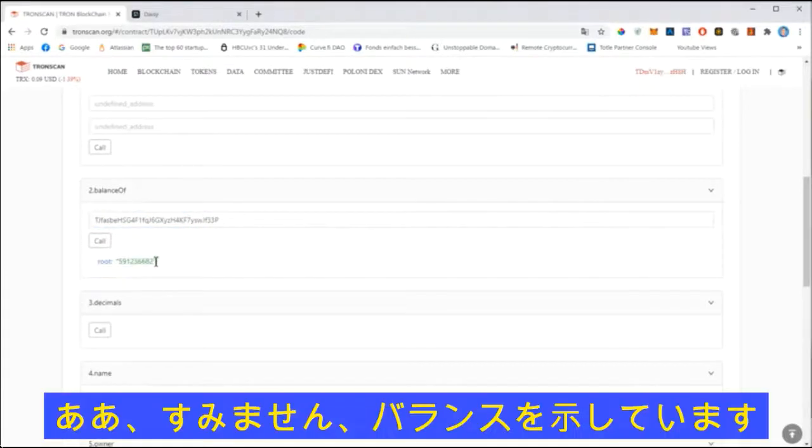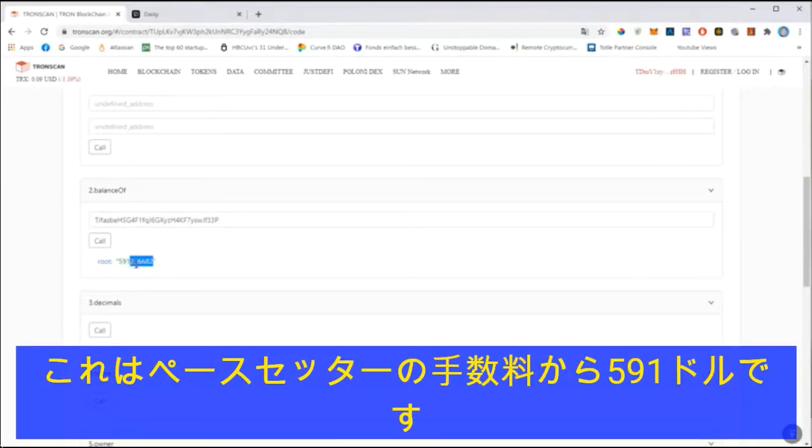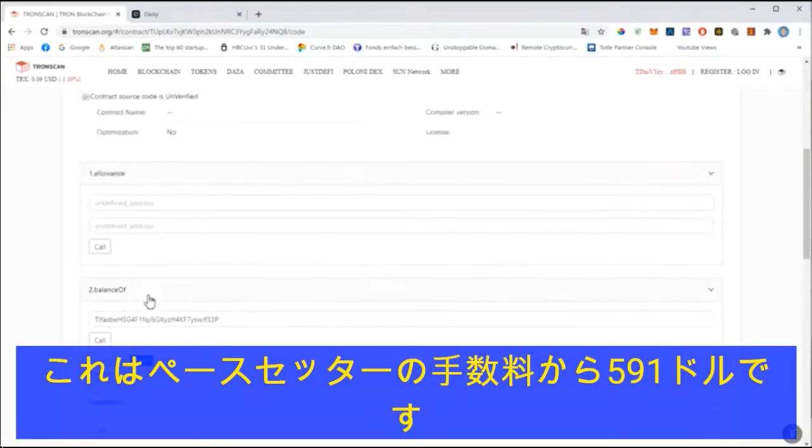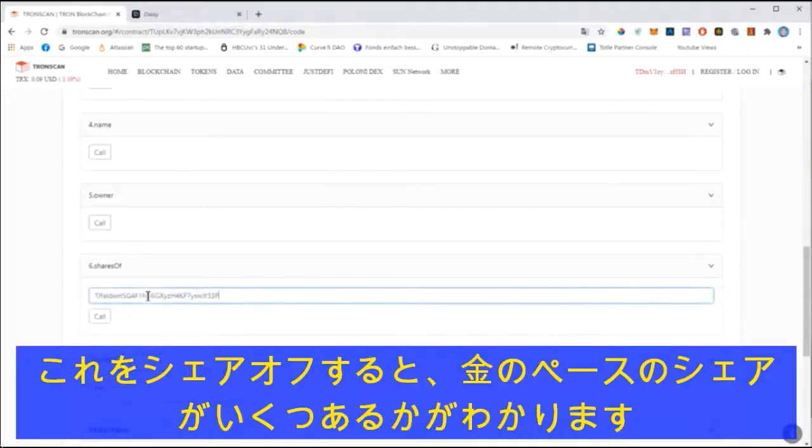Oh no, excuse me, that shows the balance of the paysetter bonuses, right? So this is how much this person has on the balance, which is $591 from the paysetter commissions. Okay. Shares of.